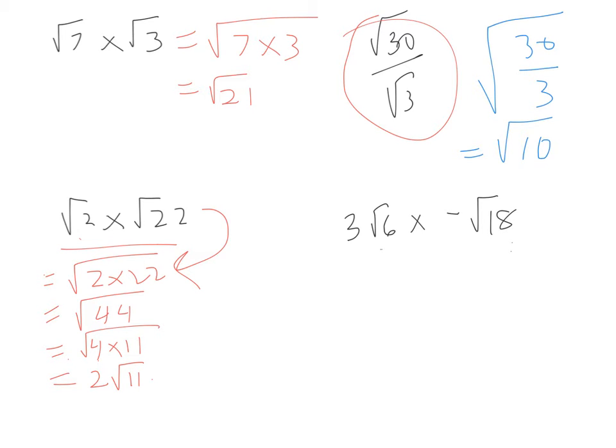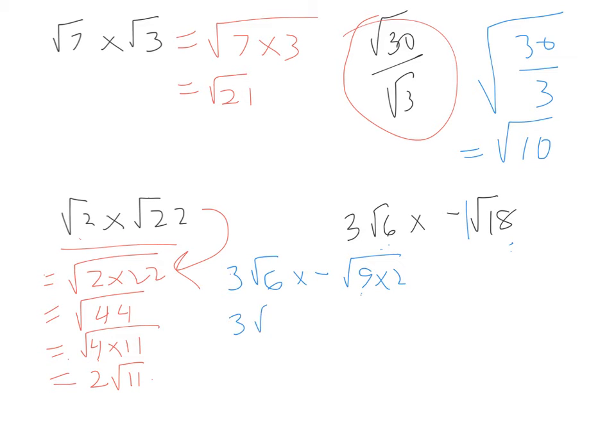Couple of ways we can do this. If we don't have a coefficient, remember it is a 1. We'll do the first version over here. So we do 3 root 6 times negative, and we can turn this into the square root of 9 times 2. So we can bring that 9 out there.